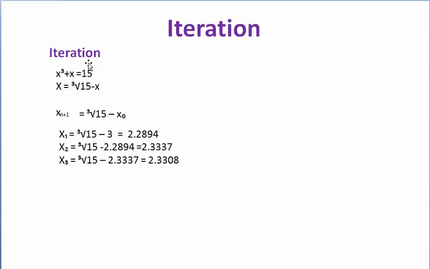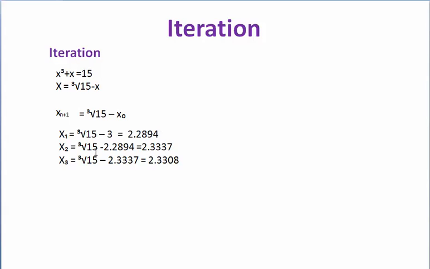Here we're asked to find the solution to x cubed plus x equals 15. Make x the subject, we get x is 15 minus x and then the cube root of that. Put in our subscripts for the x, x subscript n plus 1 and x subscript n. And then we use a number, say 3, as our x1 to begin with, get our answer.